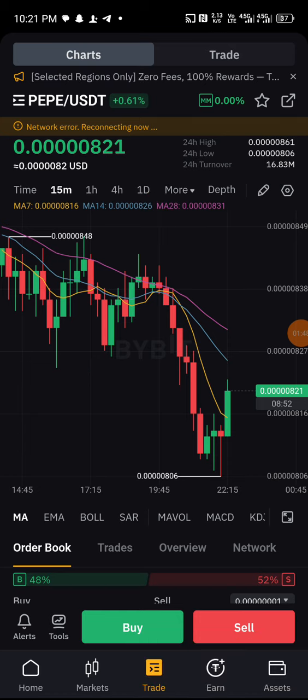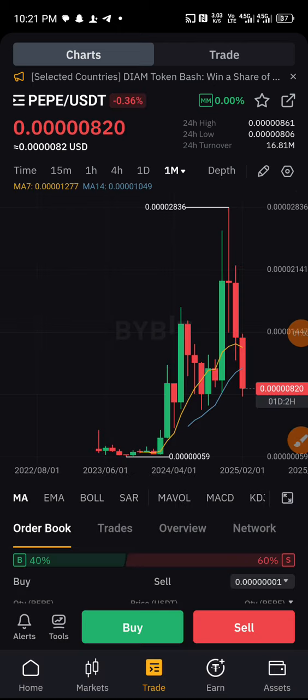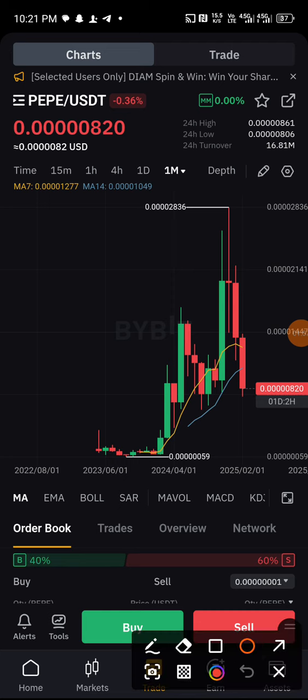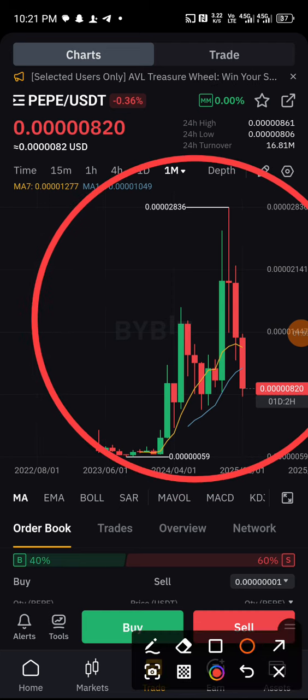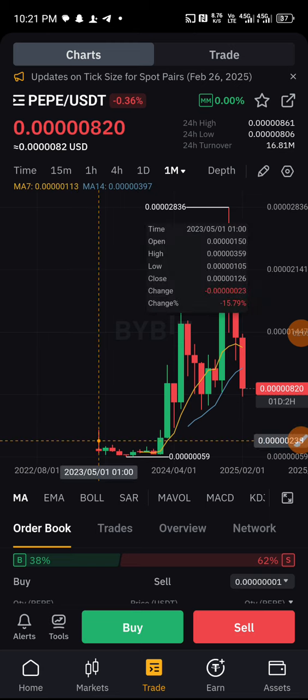Okay, so I will go to more to look for it 1 month ago. You can see it. When was it launched? This coin was launched far back, 2 years ago.